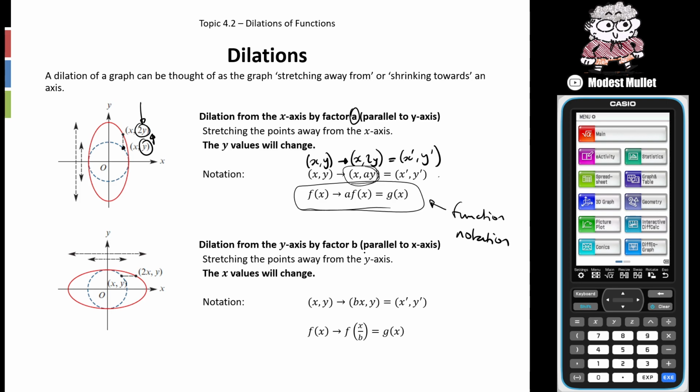What always happens is that A ends up at the front of the whole function. Whatever that function may be, doesn't matter how small, simple or complex it is, if you dilate by a factor of 2, then every y coordinate has just become twice as big. So whatever value you get out of this whole function, just multiply it by whatever your dilation factor is. So here's our coordinate notation.